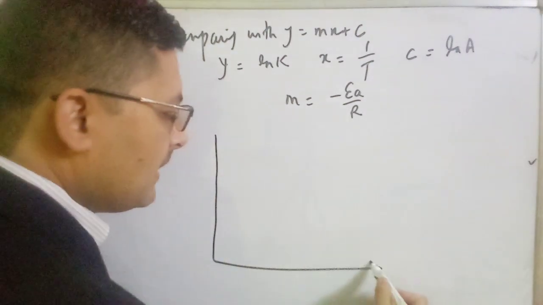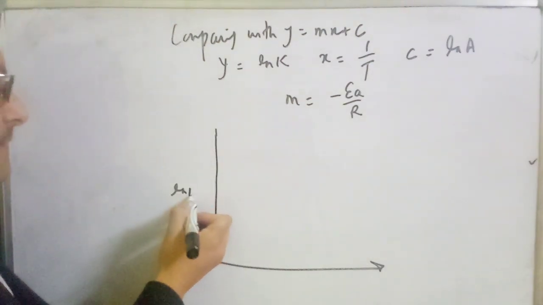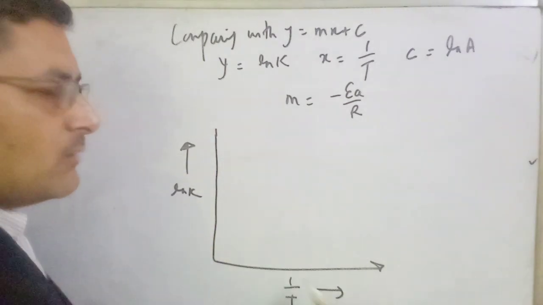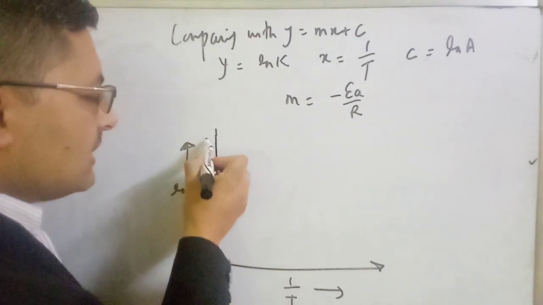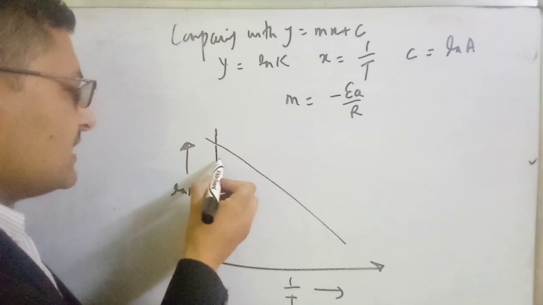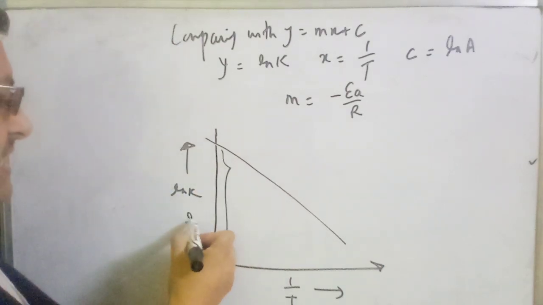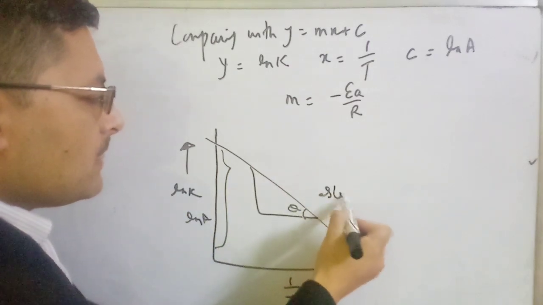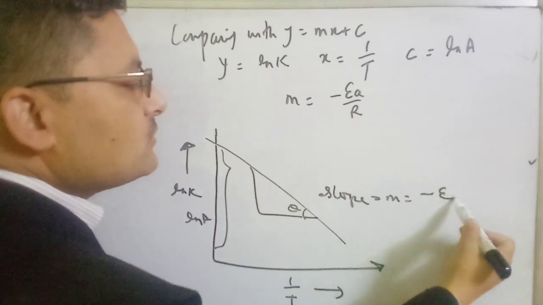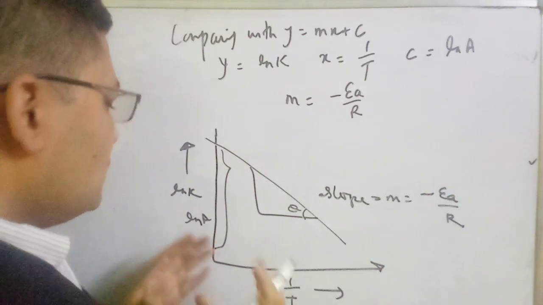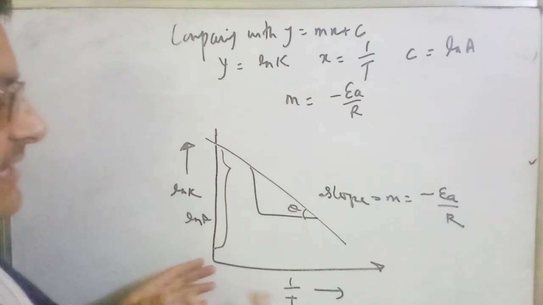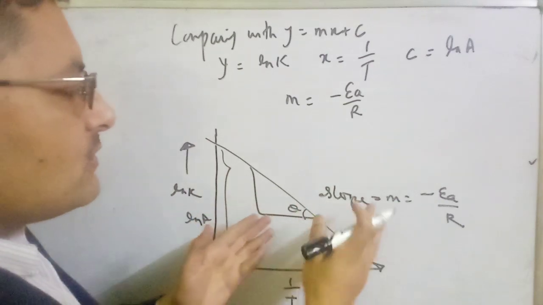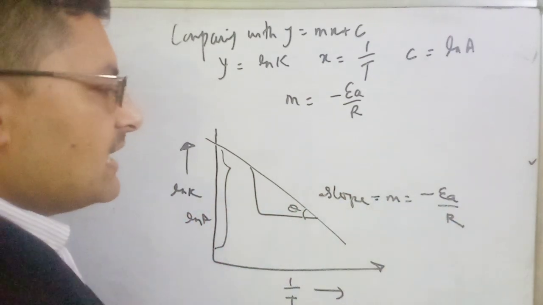If you plot ln of the rate constant on the y-axis and 1 upon temperature in Kelvin on the x-axis, then you get a straight line making the y-intercept equal to ln A, and the slope of that straight line, this tan theta, m, will be equal to minus Ea upon R.